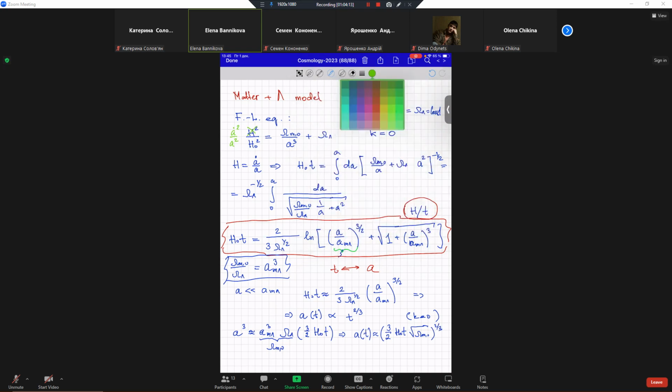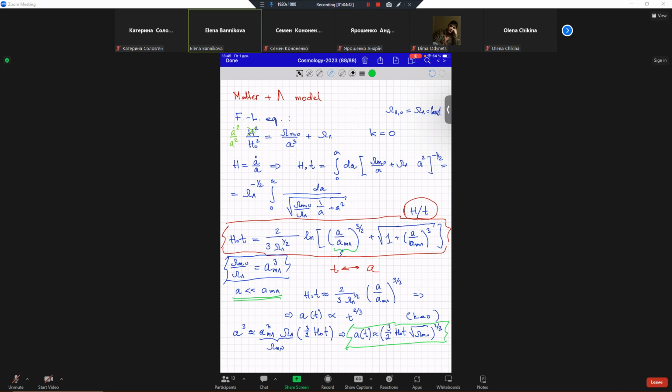So if I didn't make any mistake, this is the expression which connects the scale factor and the cosmological time for this condition.